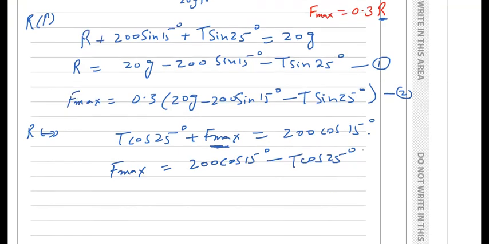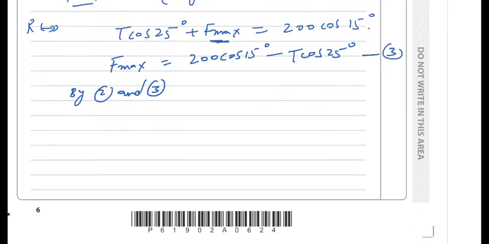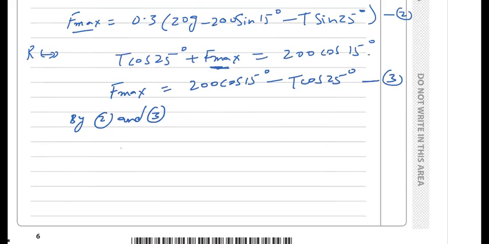So now compare equation 3 and equation number 2. Comparing 2 and 3, this is F maximum, so equating them, I will get 200 cos of 15 minus T cos 25 will be equal to 0.3.